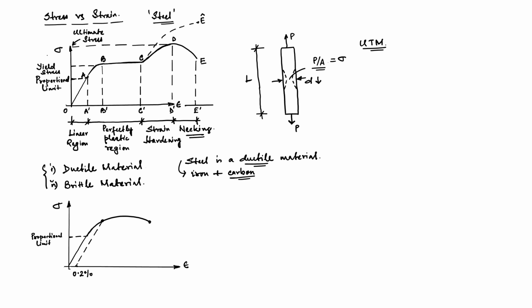So, this is the 0.2% offset that gives us the yield point.